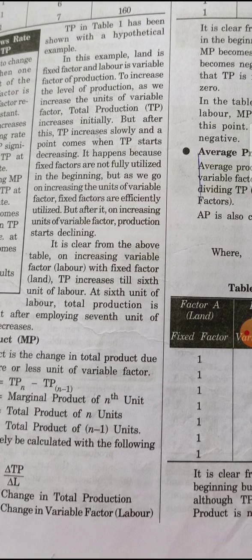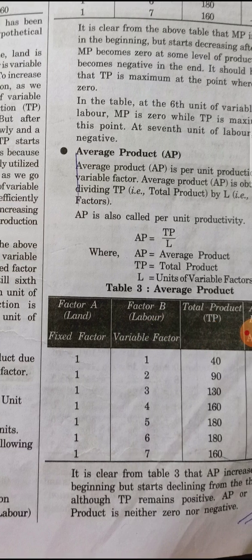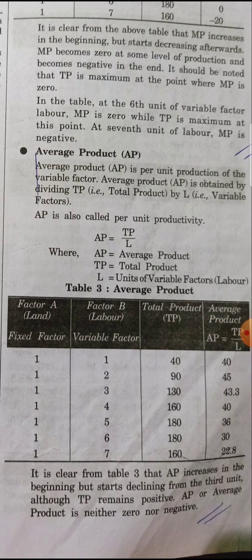And if you ask what the average product is, it is the total product divided by the units of the variable factor, right? It is the per unit production of the variable factor.